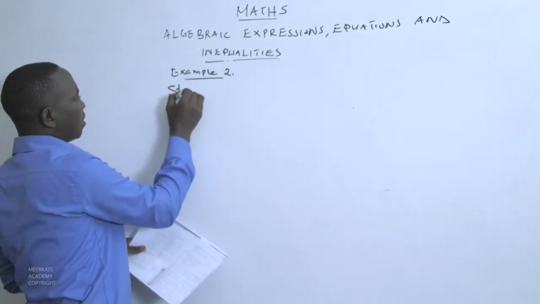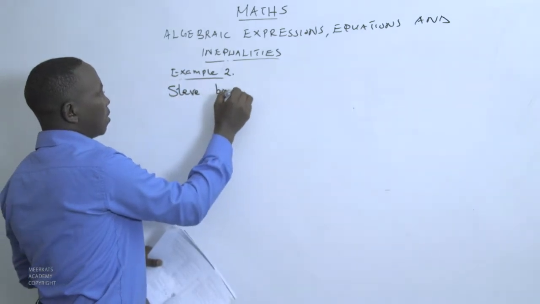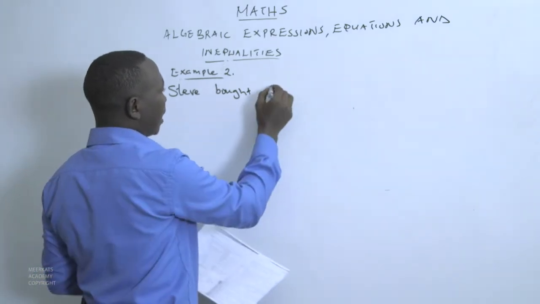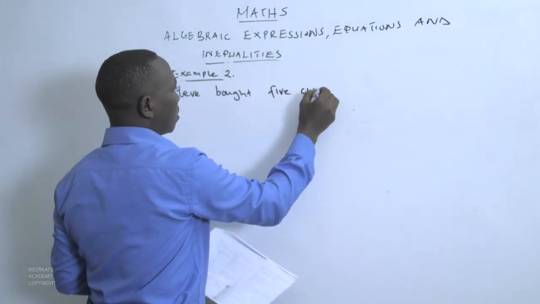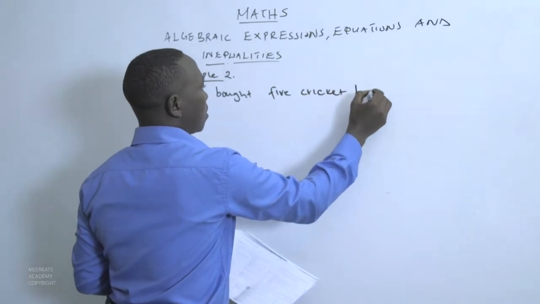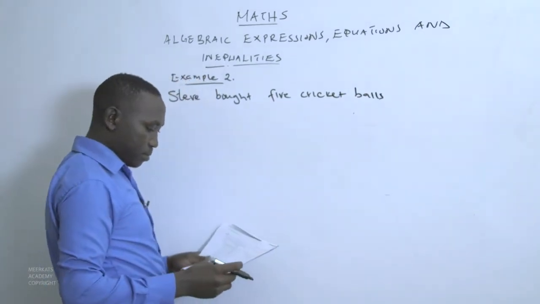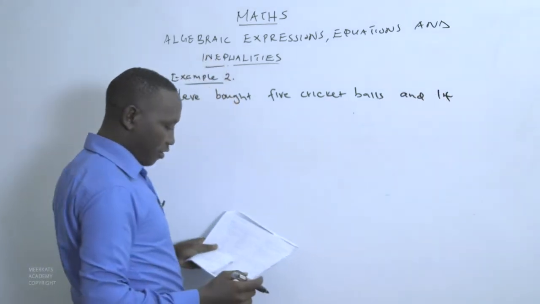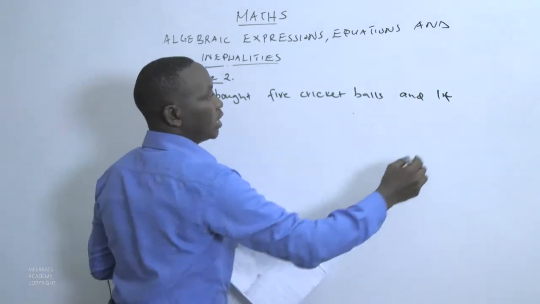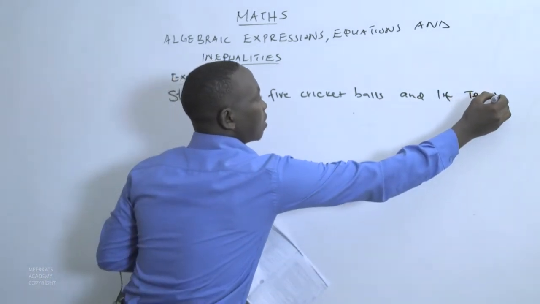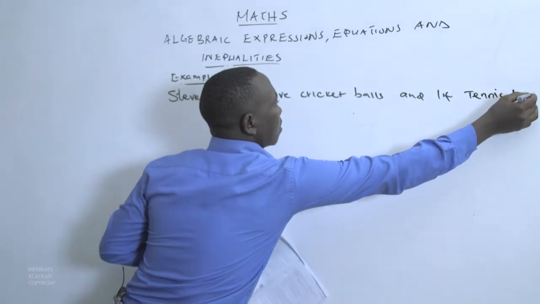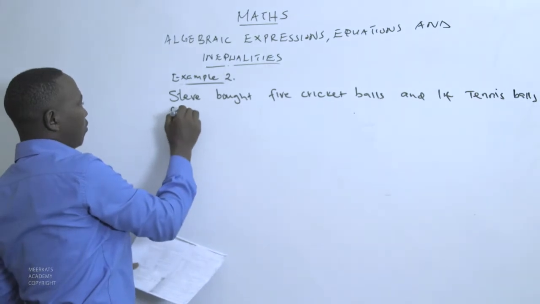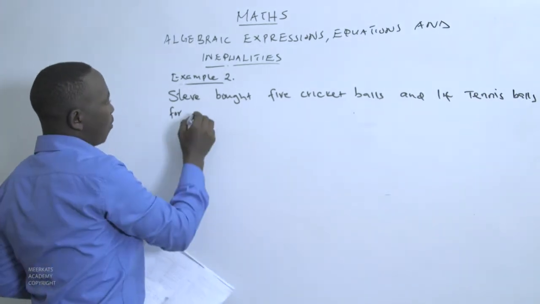Steve bought 5 cricket balls and 14 tennis balls for $130.